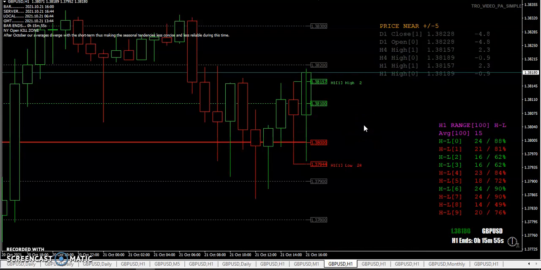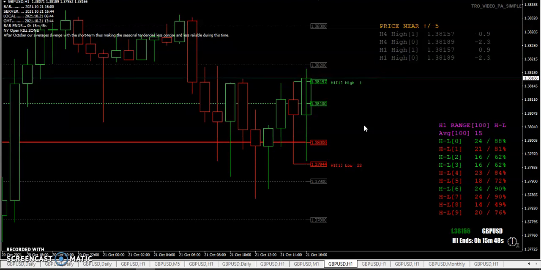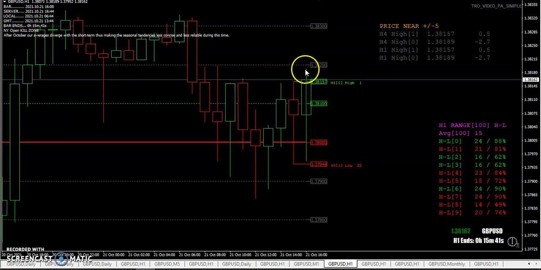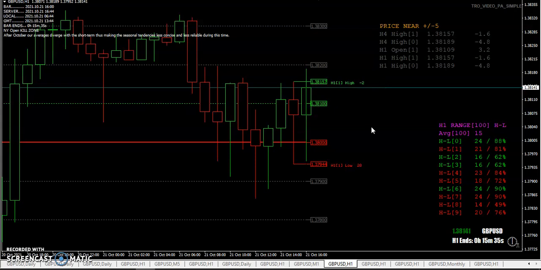Once again, the simple price action screen with the Walmart lines and the previous hour's high-low in this particular case. And you can see here, we failed to break out of the low. We just broke out of the high. Now we've just come back inside.